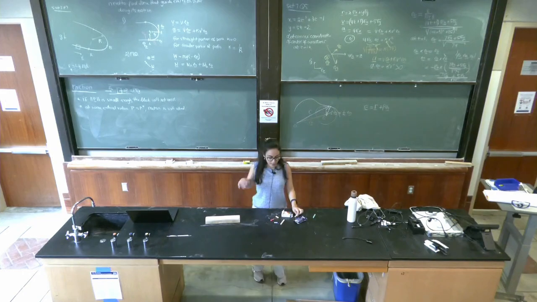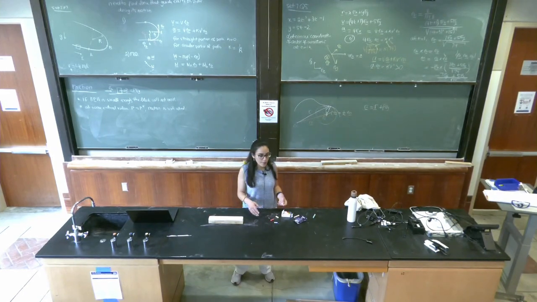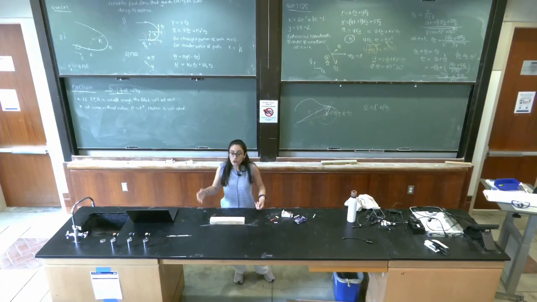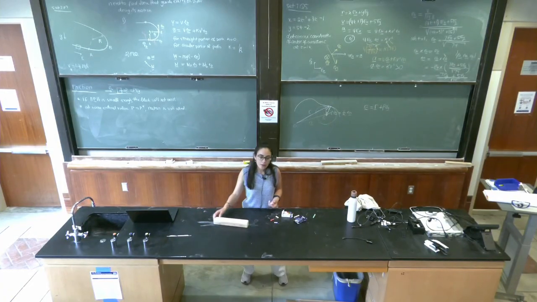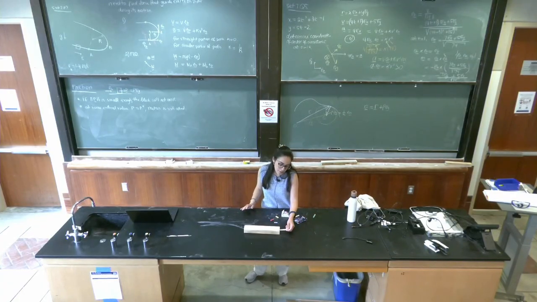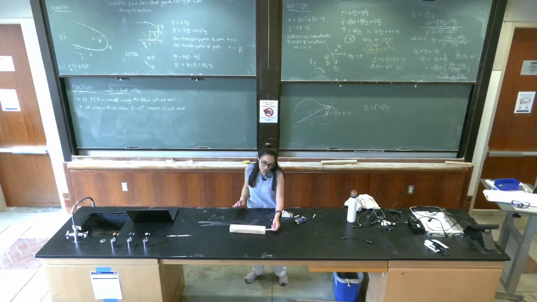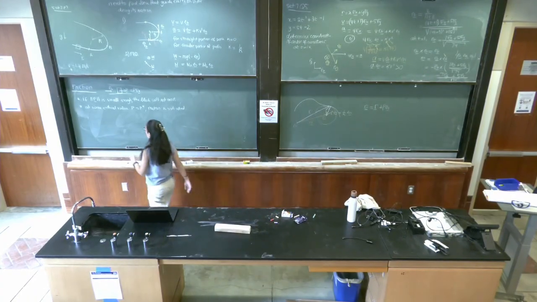again, I'm trying to find a model to describe friction in the real world. I'm doing an experiment to see what I'm going to fit my model to. I push this with a very small force, it doesn't move. I keep on increasing the force, and suddenly it's going to move. Once it starts moving, I need a constant force to keep it moving at the same speed, right?